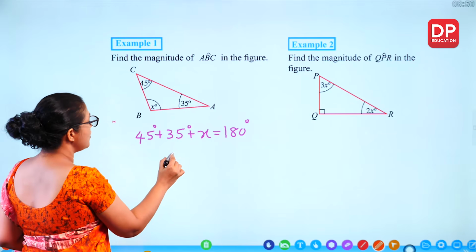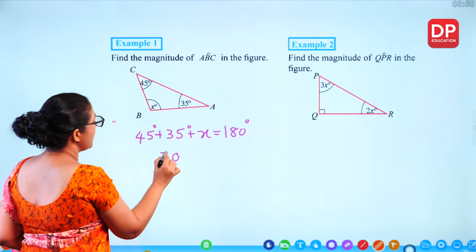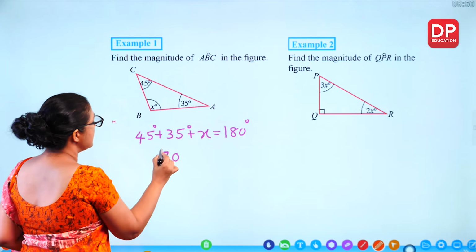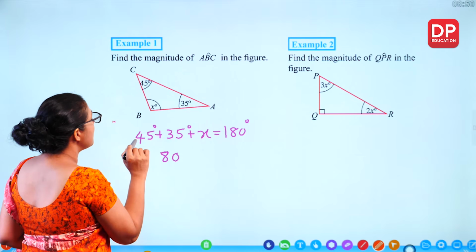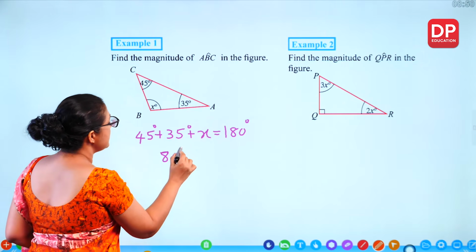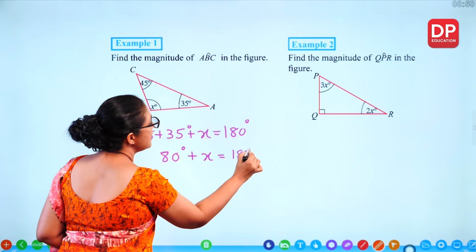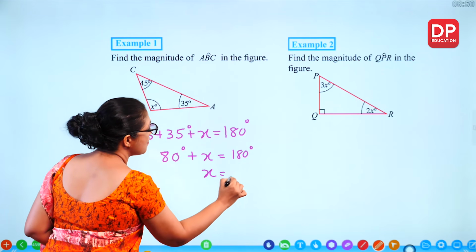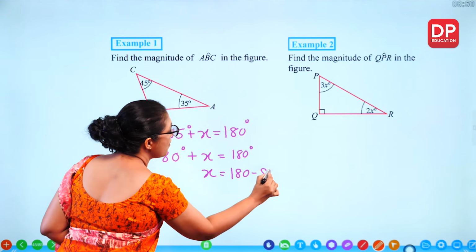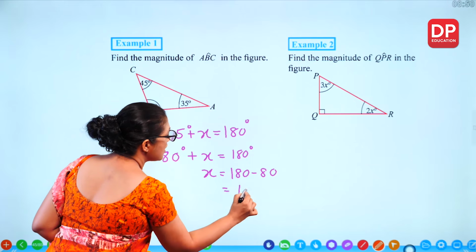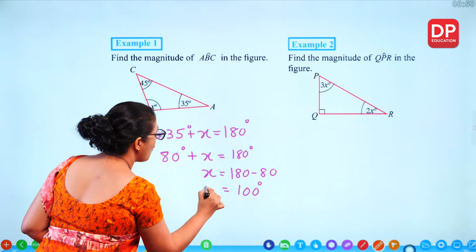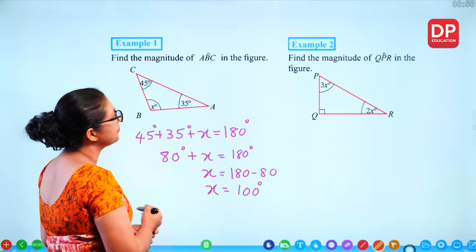And when you add these two, 35 and 45, you get 80. So 80 degrees plus X equals 180. So what's X? Subtract 80 from that. So you get 100 degrees for X.